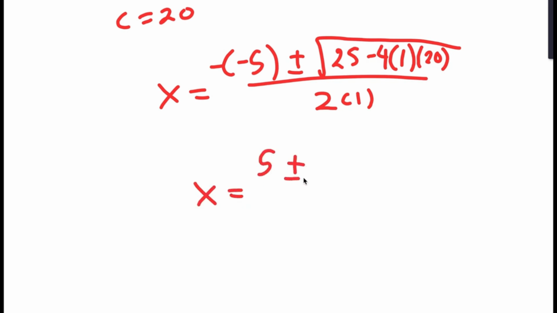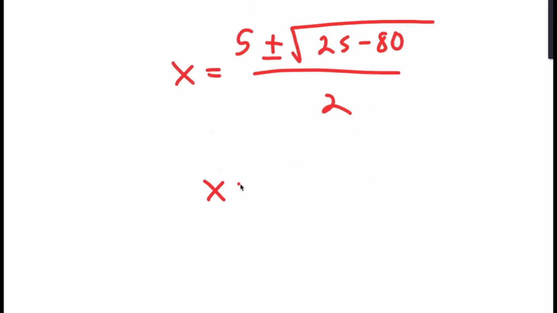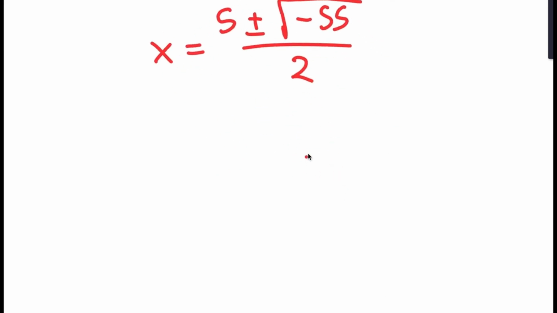And this is equal to 5 plus or minus the square root of 25 minus 80 over 2, which is equal to 5 plus or minus the square root of -55 over 2.